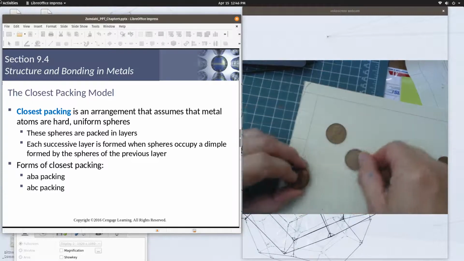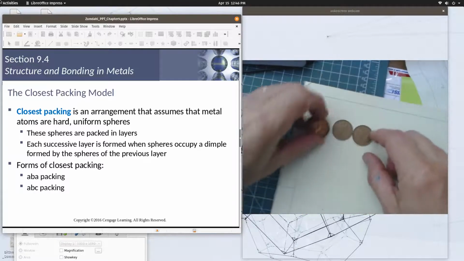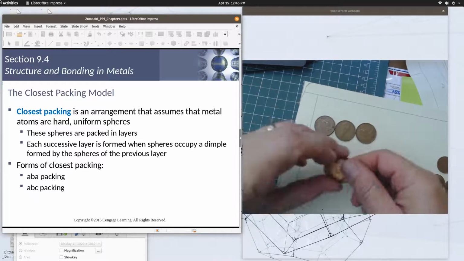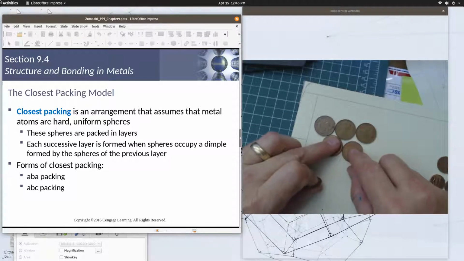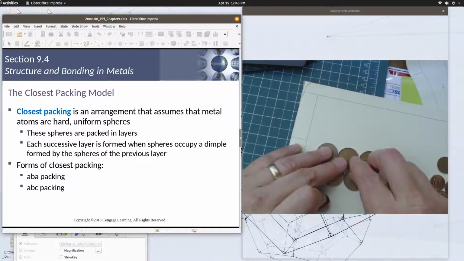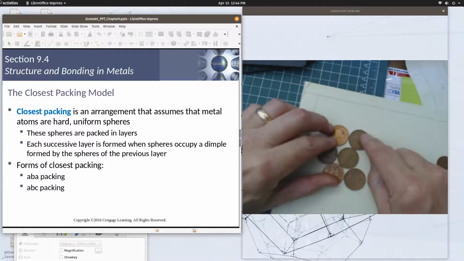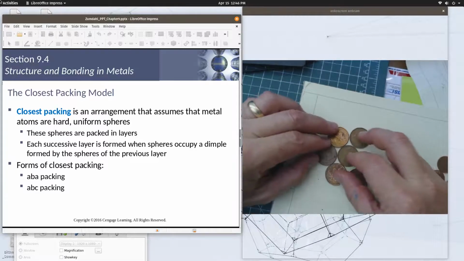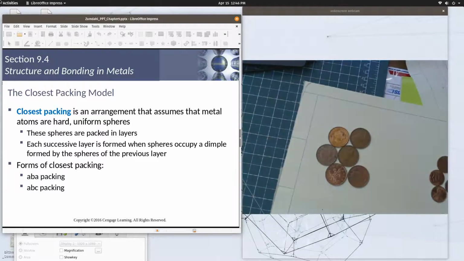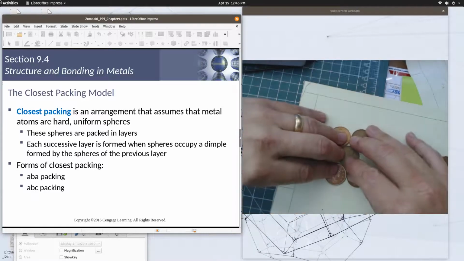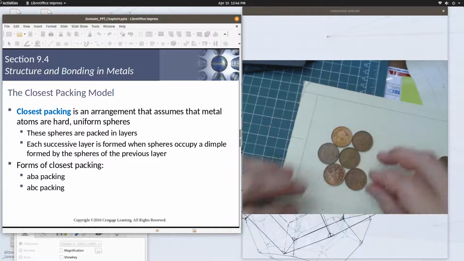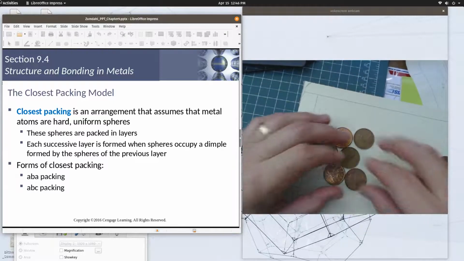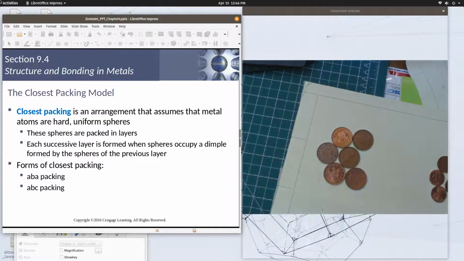These are 2 pence coins. A closest packing arrangement of these coins might be something more like this. You can see I can pack these coins in this hexagonal packing, and that's as close as I can get all of these coins together.